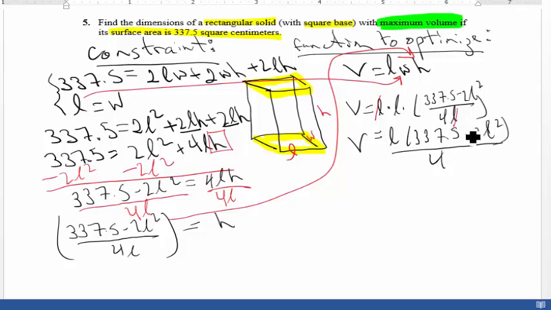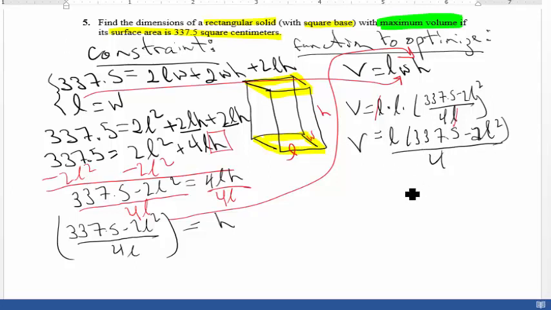And now the issue with this is not a quadratic function, right? If I distributed this L, this would be a cubic function, right? It'd be 337.5L minus 2L cubed over 4, which is cubic, which we don't have a formula for finding the maximum. Now in calculus, you learn how to do that. You learn how to find the maximum point.